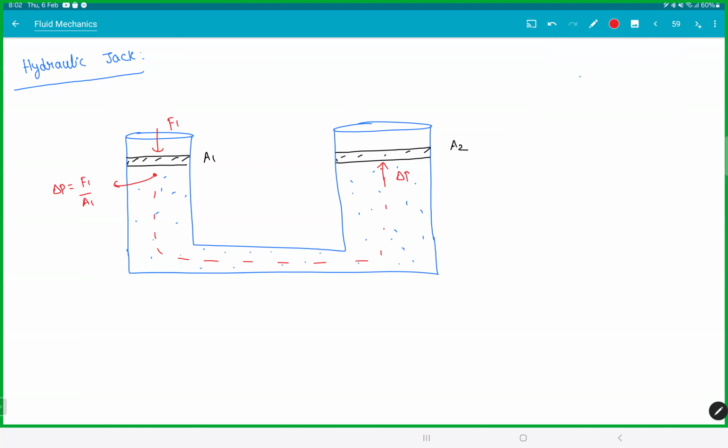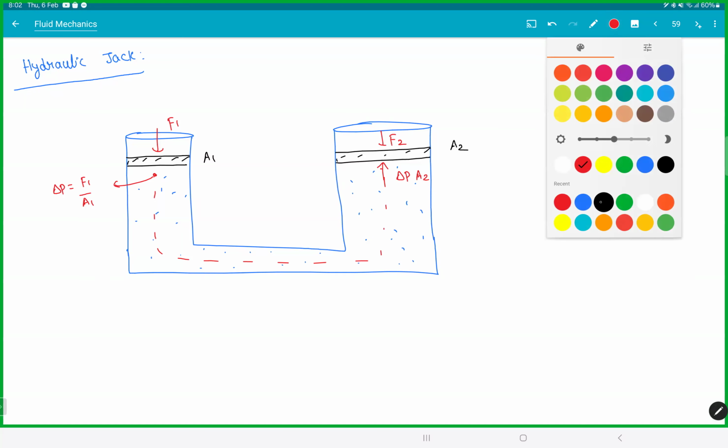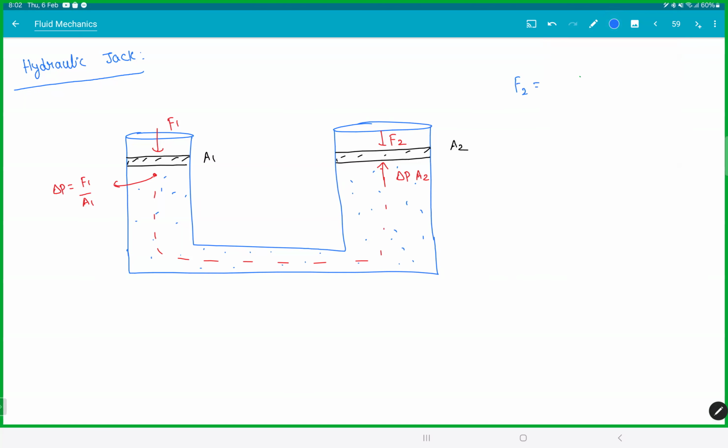So this will be delta P into A2, which will be balanced by F2. From here we get F2 = delta P into A2, which is F2 = F1 into A2 by A1. It's a force multiplier. You can use this as a force multiplier. So if A2 by A1 is 10 times, then force F2 is 10 times F1. You can put in 1 kg and lift 10 kgs with this.